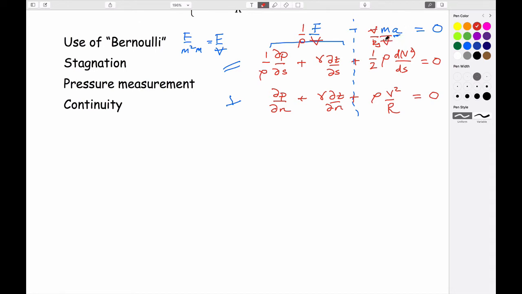So by definition, if we divide this expression through by density, then it's going to be units of acceleration. So if we divide this through by density, then by definition, these terms have to be accelerations.